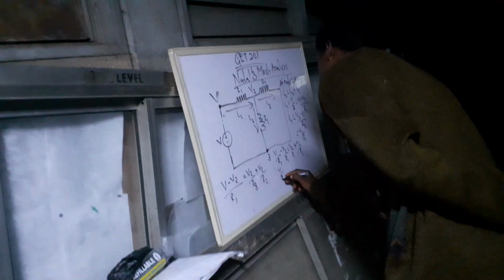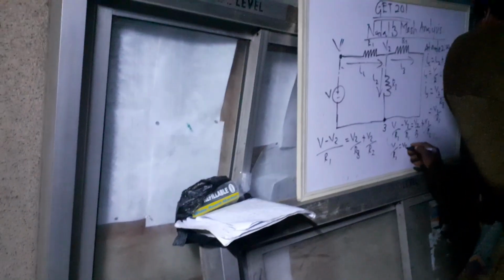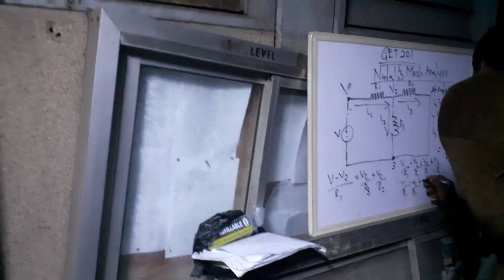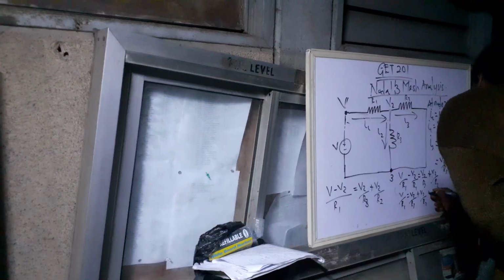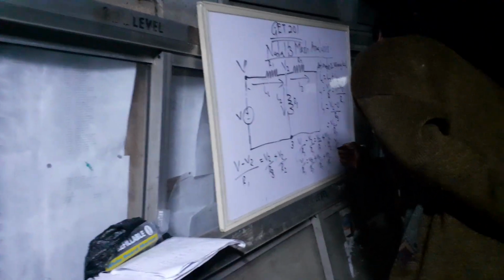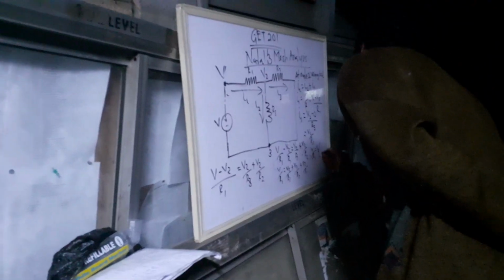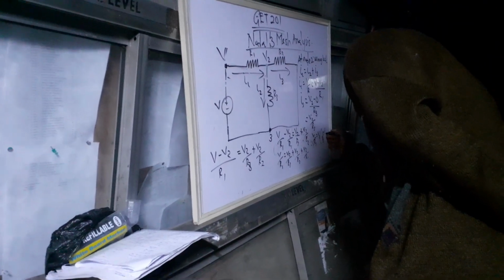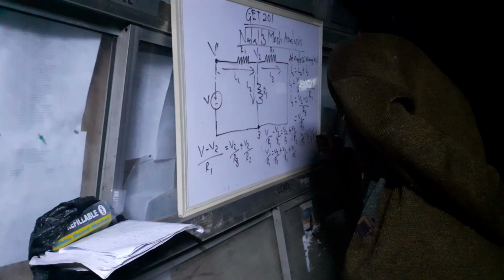So V over R1 equals V2 over R3 plus V2 over R2 plus V2 over R1, right? So we have V over R1 equals V2 into brackets 1 over R3 plus 1 over R2 plus 1 over R1. So if we equate it to 0, we are going to have, can I rub it off?